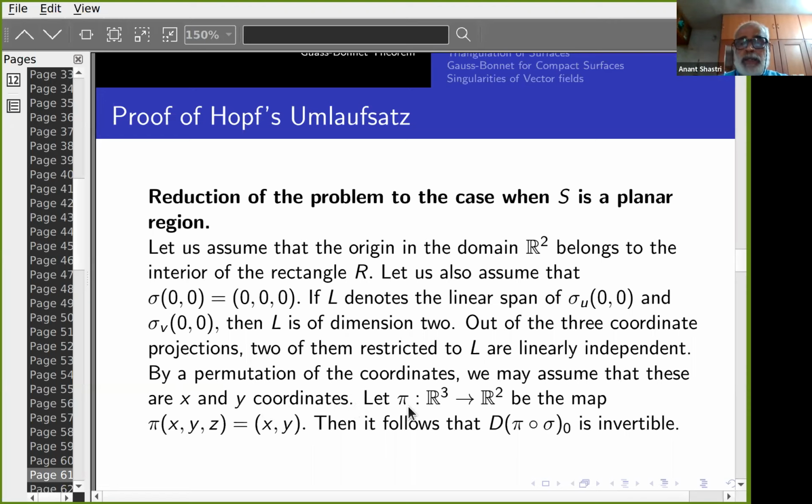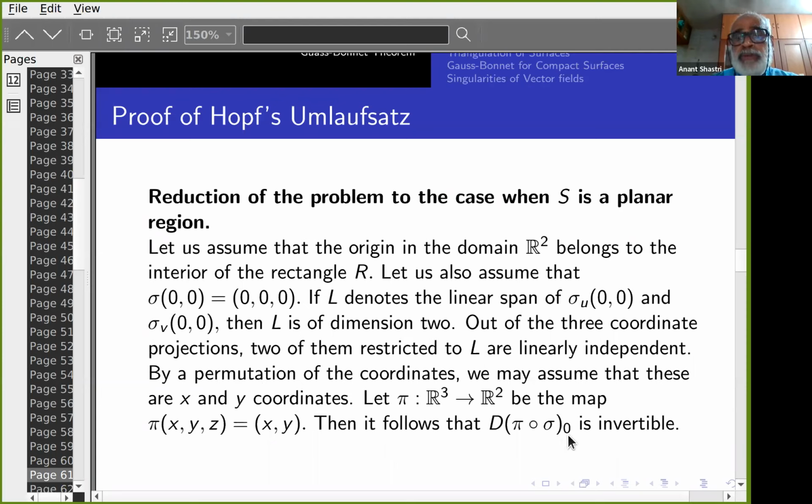So what you have got is a projection map from R3 to R2 now, pi of (x, y, z) equals (x, y). What I have assumed is that the linear span of sigma u and sigma v at the origin projects surjectively onto R2.